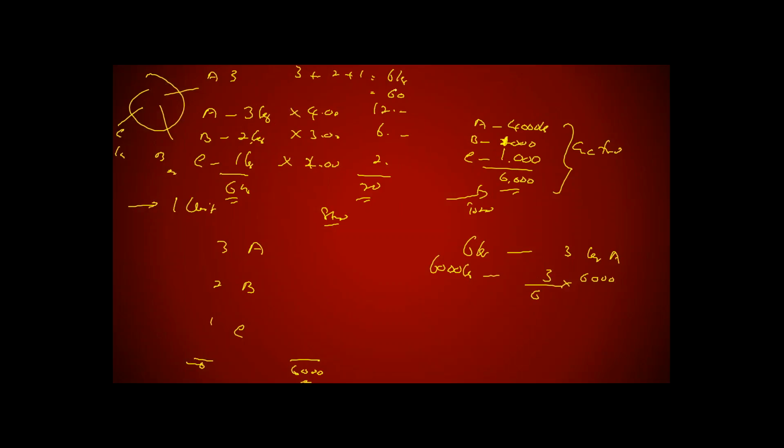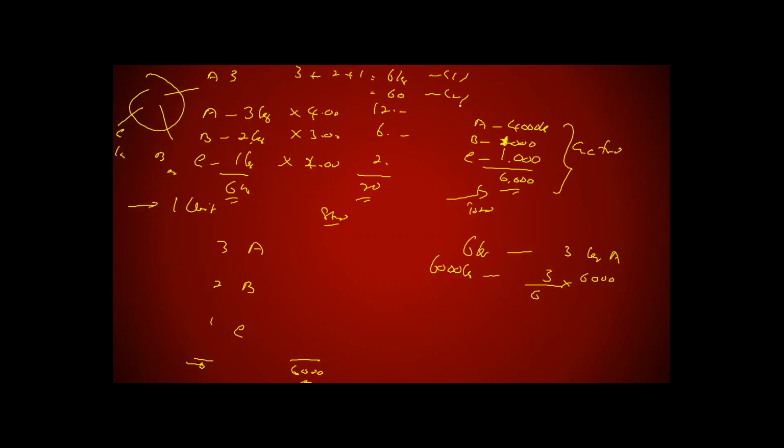Look at the first formula. 3 plus 2 plus 1 is 6. Look at the second formula, what I have done on the right side. I have multiplied by 10.